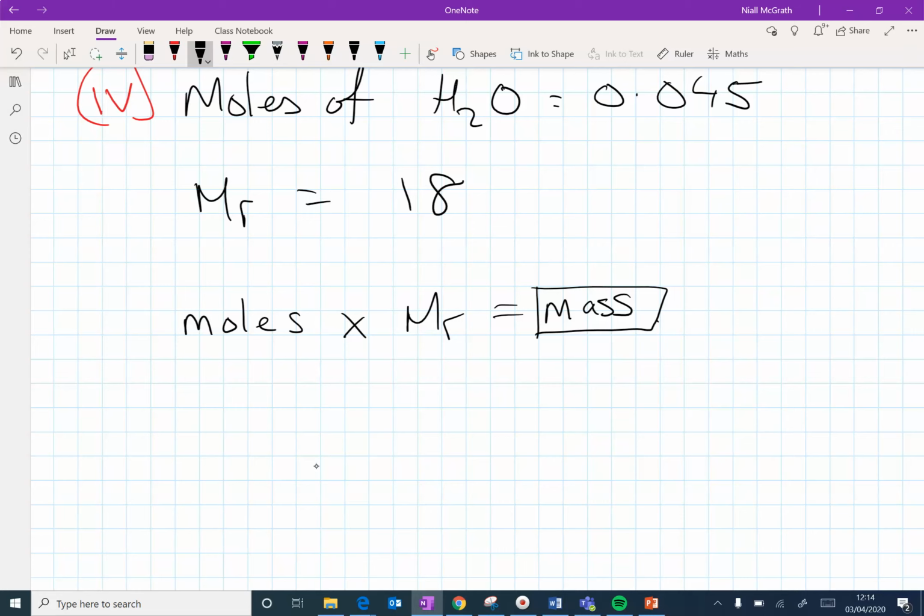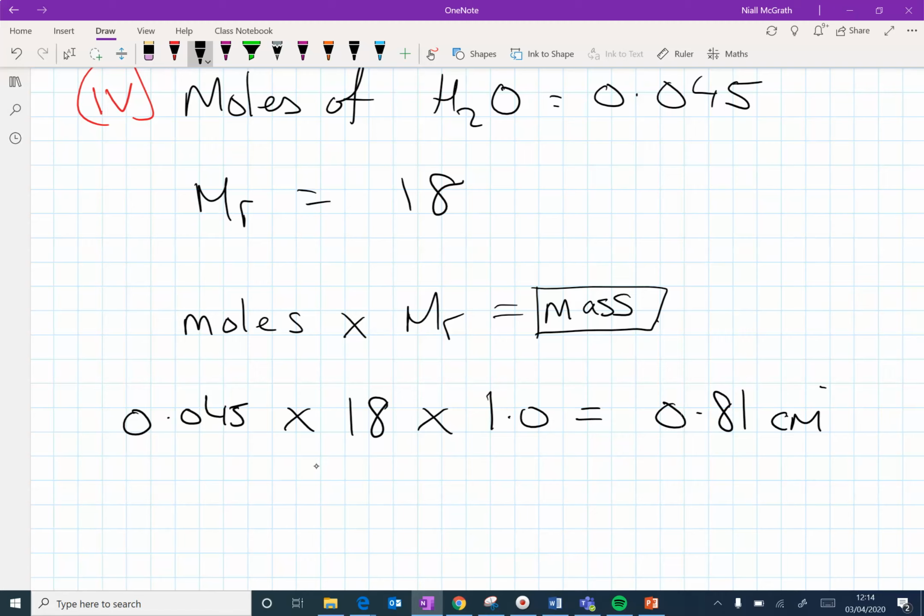So it's going to be moles, 0.045, multiplied by our relative mass, 18, multiplied by our density, 1. That gives us a final answer of 0.81 centimetres cubed. And that is our answer for part 4 and the final part of that question.